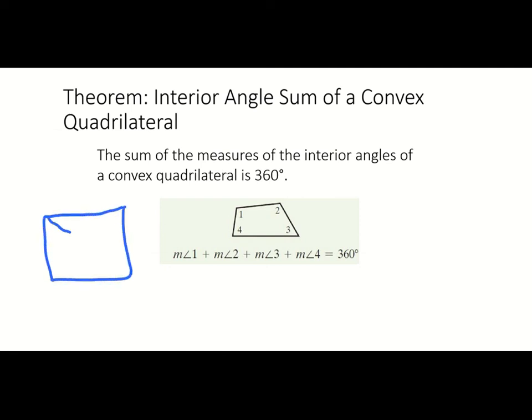There's only one diagonal. Notice it makes 2 triangles. The angles in this triangle add up to 180, and the angles in this triangle add up to 180. 180 plus 180 is going to give us our 360. So those diagonals can help us out a lot, telling us the number of degrees the angles would add to in a polygon.